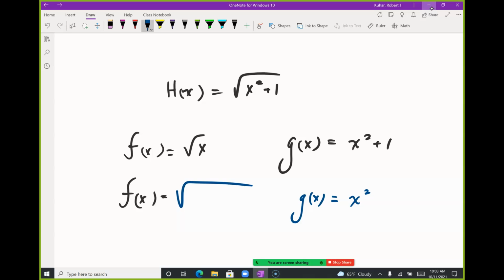Could it just be 1? Almost. I have to plug it in somewhere, right? Plus 1? X plus 1, yeah. I always have to plug into empty parens, right?